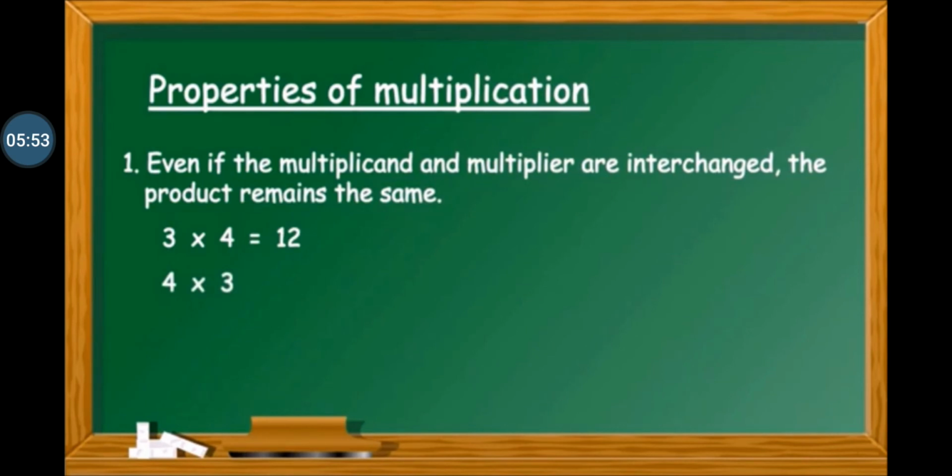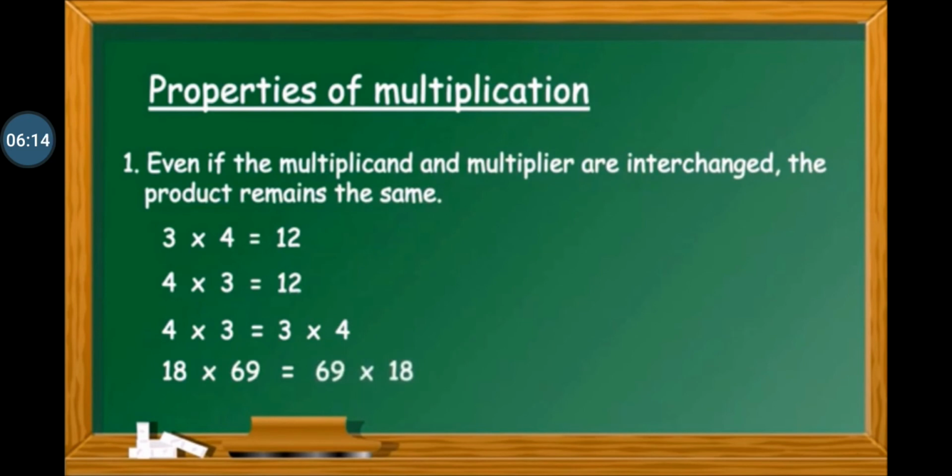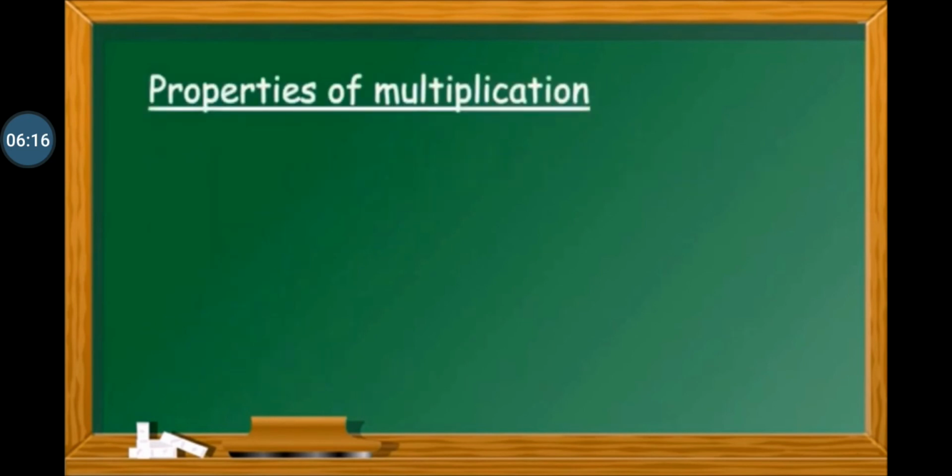So if we write 4 as the multiplicand and 3 as the multiplier, we get the same answer. So 4 multiplied by 3 and 3 multiplied by 4 are both equal. Like this, if we multiply any two numbers and change their places, we get the same answer.